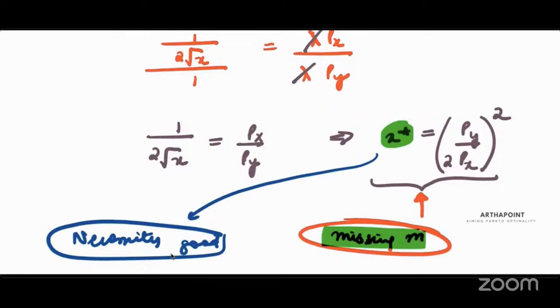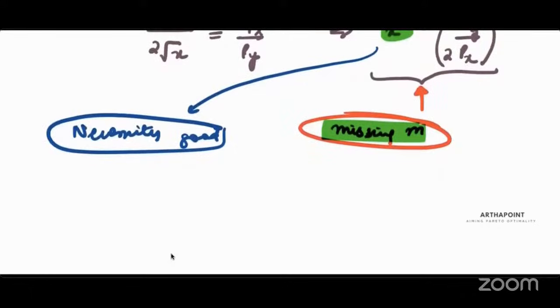Now, instead of this, let's go ahead and find out the value of y. So what is your y? Y is nothing but m. So how do you write your budget line? Your budget line is px into x plus py into y is equal to m.